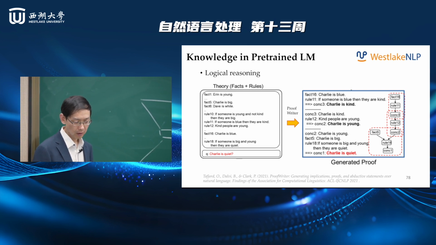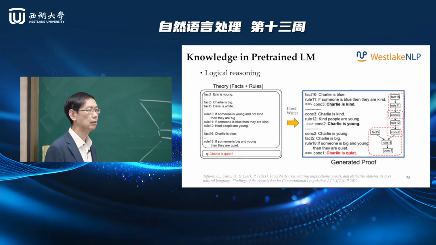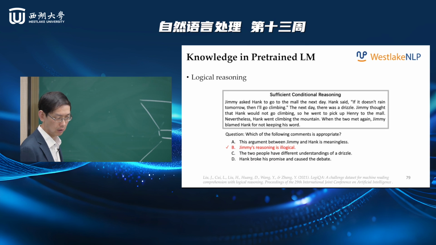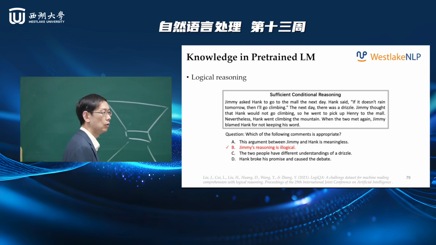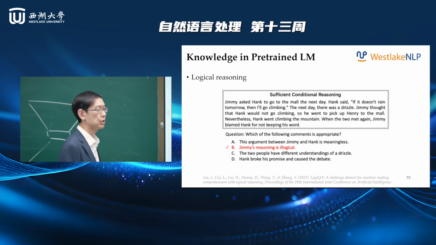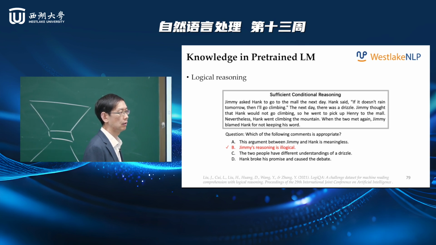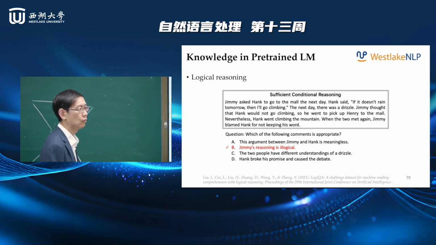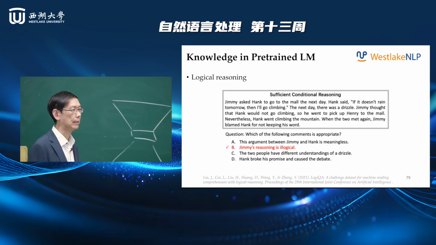So, when you're given some examples, they ask a language model to provide a proof or do deductive reasoning. Or they ask a language model to do multi-choice question answering tasks to see how much reasoning capability a language model has.